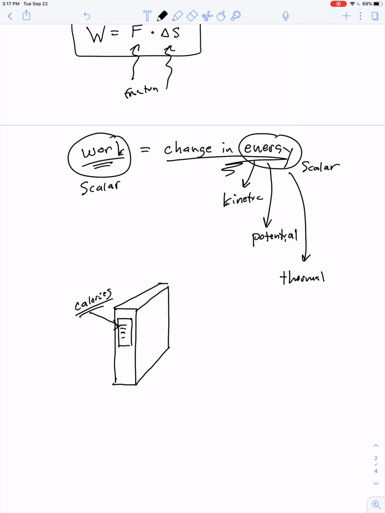I've yet to find a food label that says a whole box of macaroni and cheese provides 300 calories at an angle of 30 degrees, or an entire container of chocolate chip cookies gives you 900 calories southwest. Of course not. It doesn't make sense to give a direction when describing energy, and therefore it doesn't make sense to give a direction when describing work.